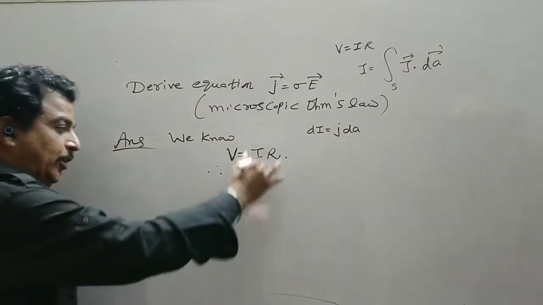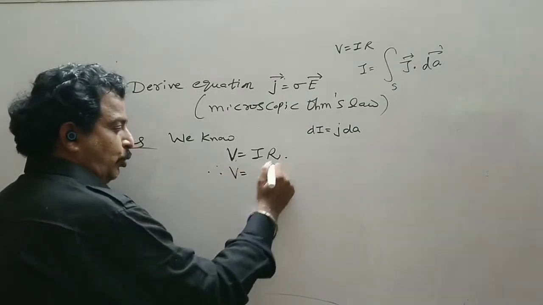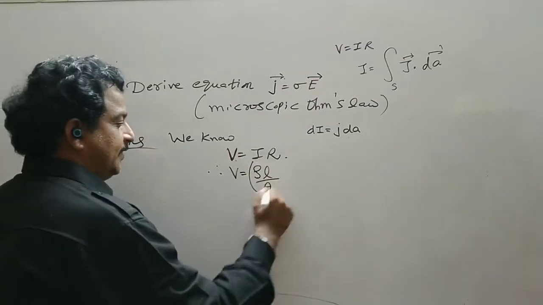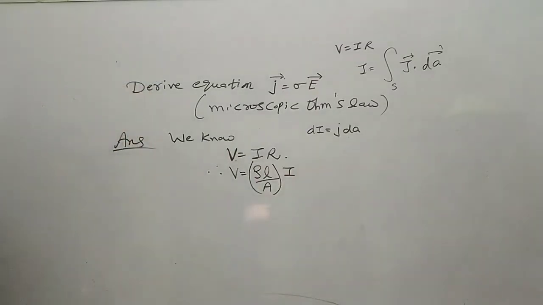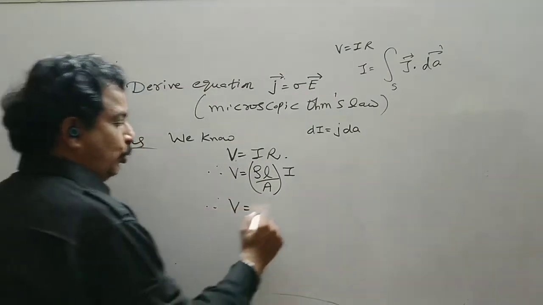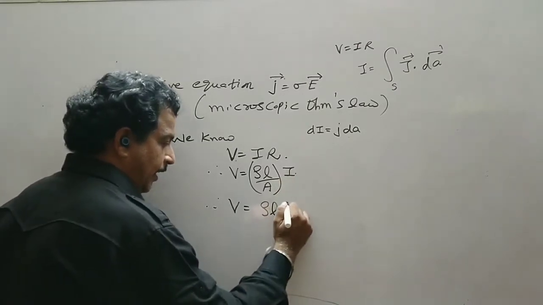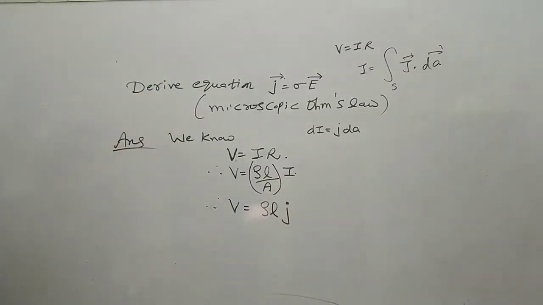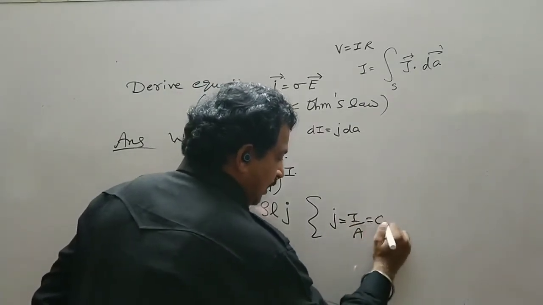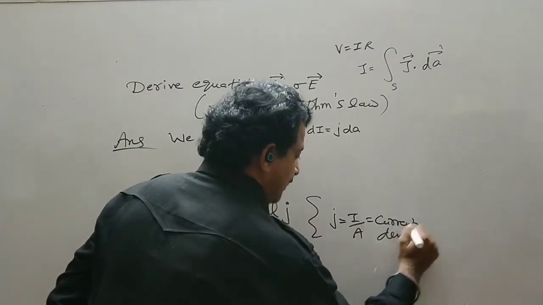Now R can be written as rho L upon A, so V is equal to rho L upon A into I. Therefore, V is equal to rho L into I upon A. Now I upon A is J, so J is equal to I by A, a new term which is called current density.